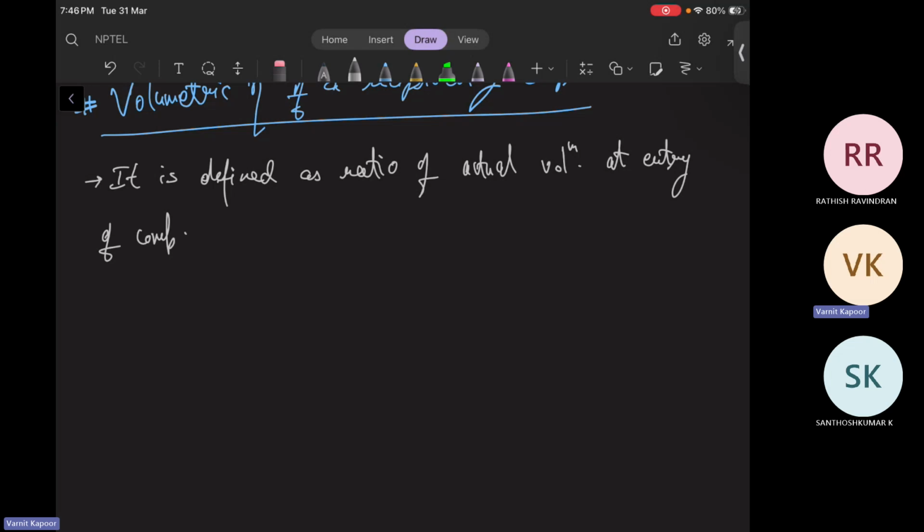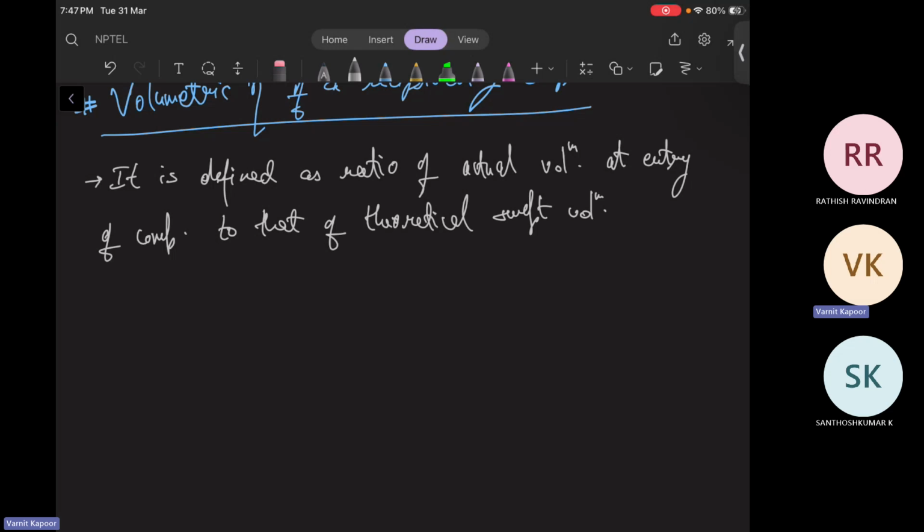All the piston moves from V3 at top dead center to bottom dead center, but the actual volume at the entry to the compressor was from 1 to 4.